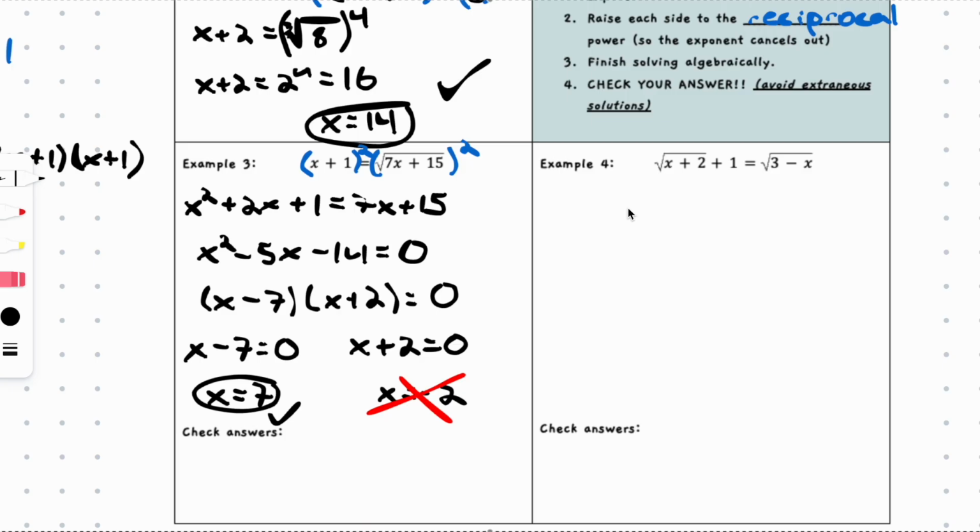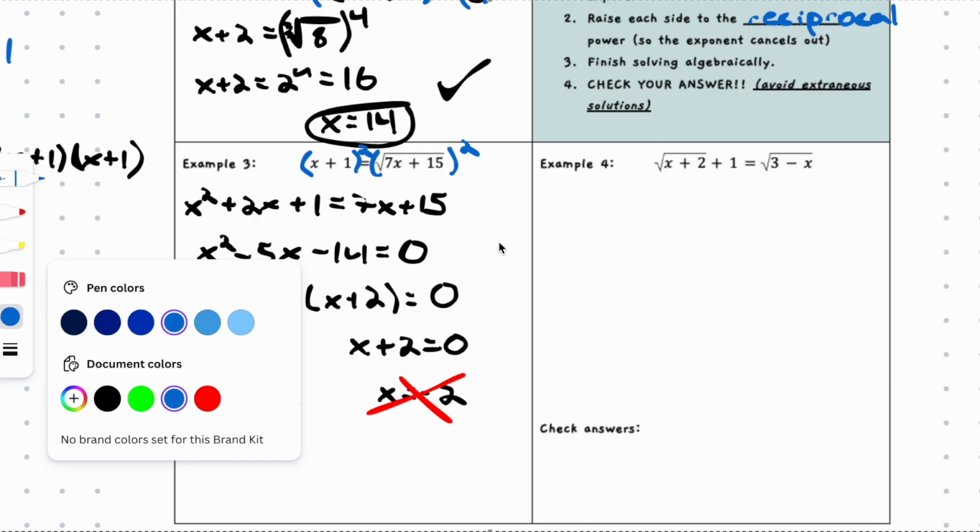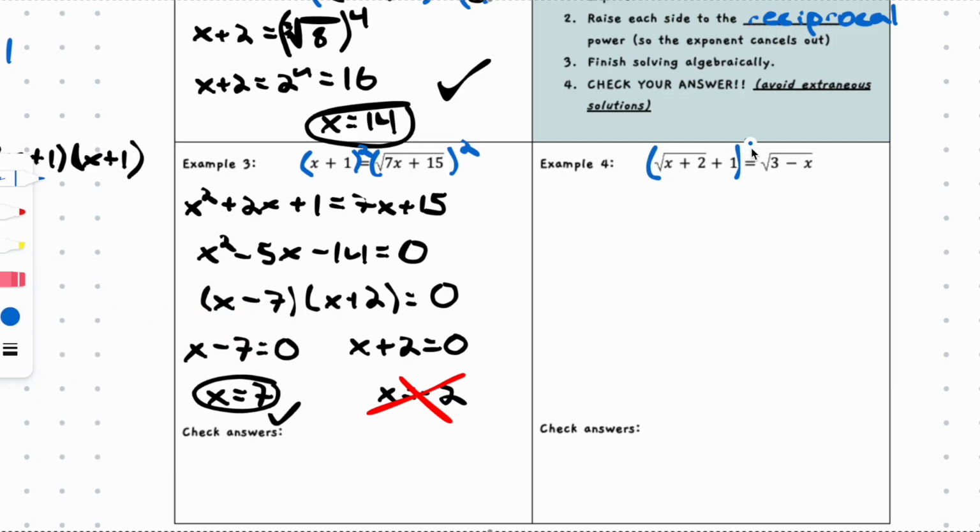Well, we have 2 radicals, so we can't really isolate each of the radicals at one time. We have to do this within 2 steps. So in this case, we want to square this side first.